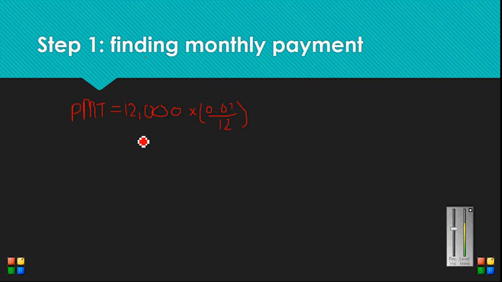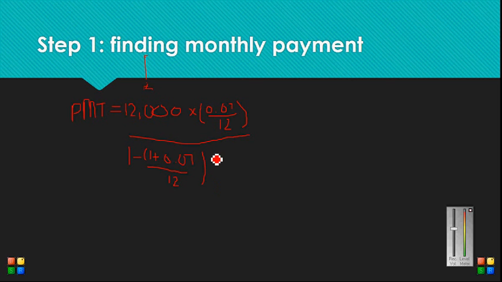And then all of that is divided by 1 minus, in parentheses, 1 plus 0.07 over top of 12.